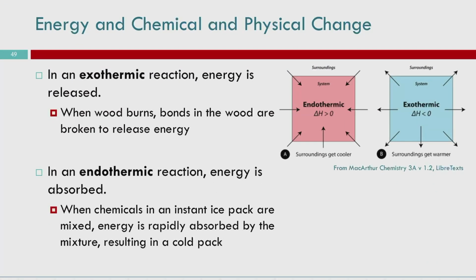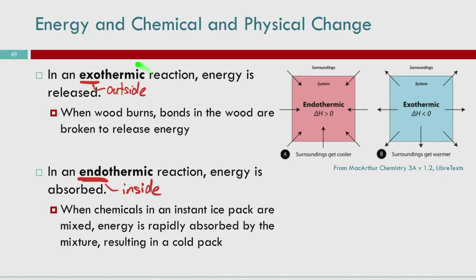Okay, so the way that we describe the flow of energy is with these two words, exothermic and endothermic. The thermic part being energy, the exo meaning outside, and the endo meaning inside.